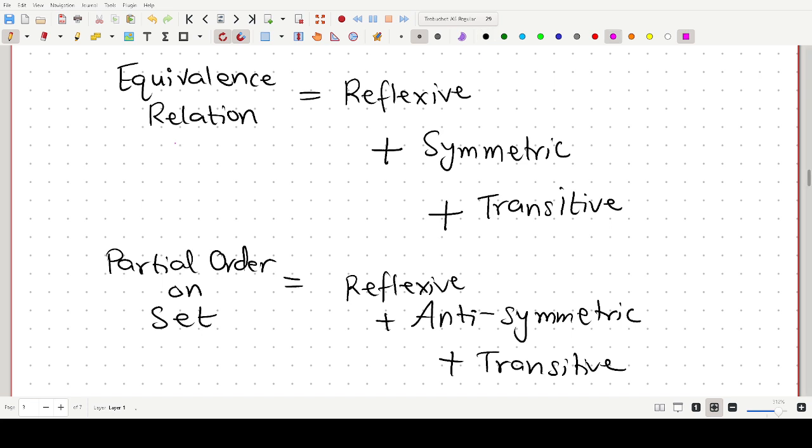Now, some people love to use the word poset, P-O for partially ordered, and S-E-T from the word set for this definition, right? So, an equivalence relation is reflexive and symmetric and transitive, whereas a partial order on a set implies that it is reflexive and anti-symmetric and transitive.